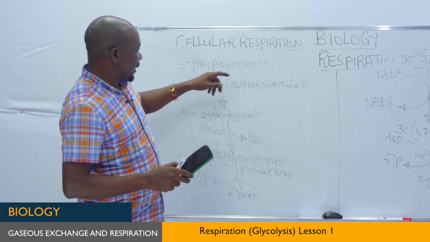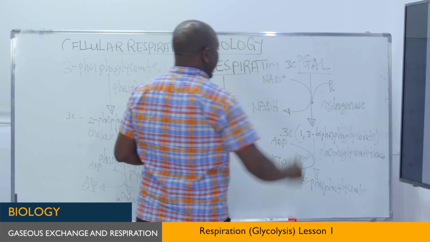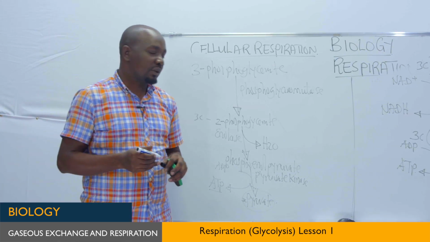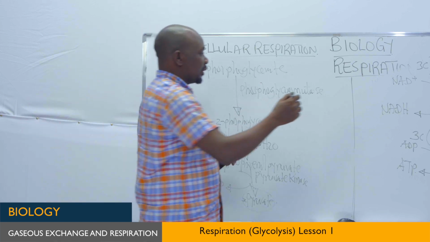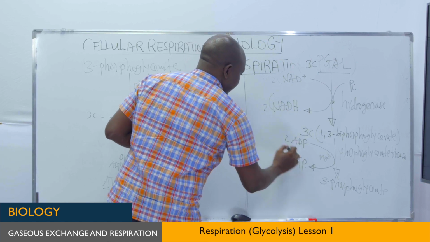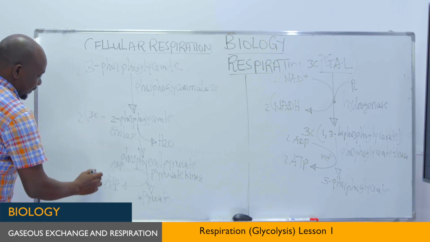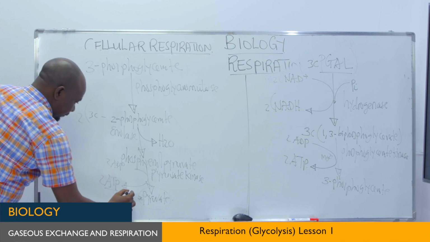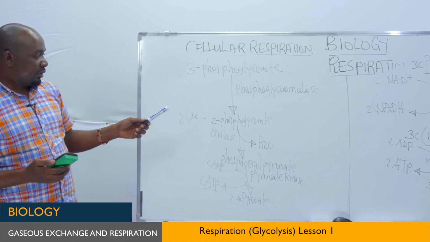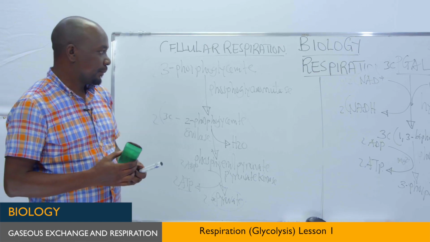Tracing back, we said we have 2 phosphoglyceraldehyde, one from the breakdown of the fructose and the other from the isomerization of the dihydroxyacetone. So this process will occur twice as much. Maybe the question is, what are the products or the end products of glycolysis?